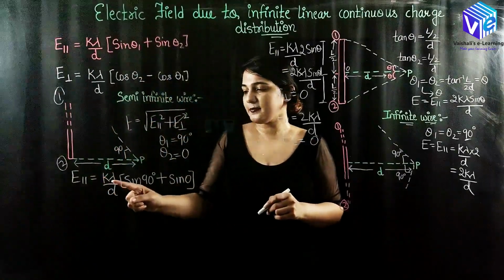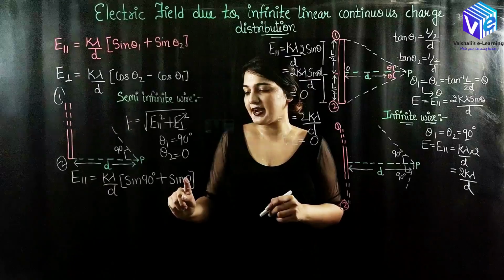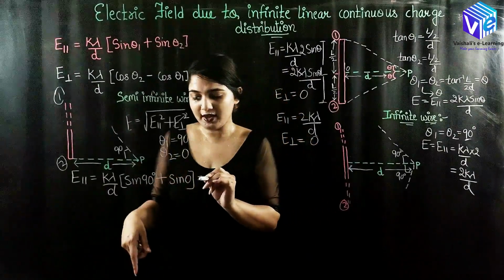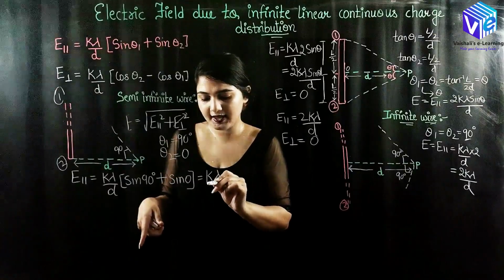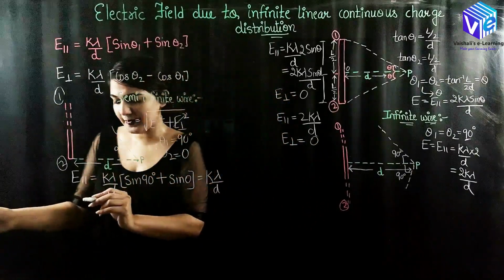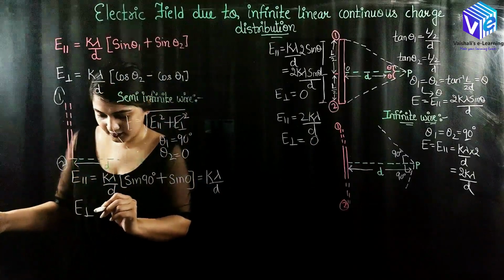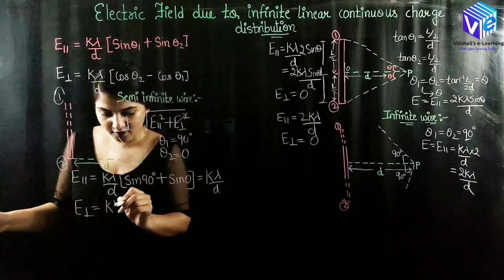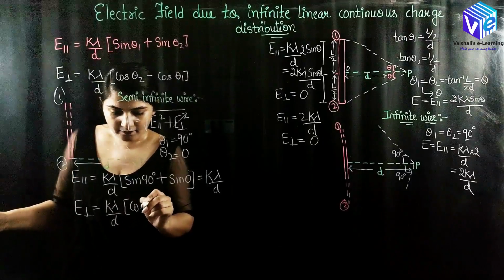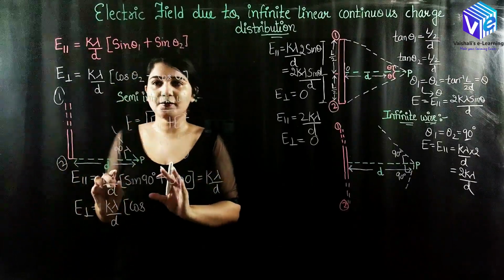So E parallel will be k lambda upon d sine of 90 plus sine of 0. Sine of 0 is 0, sine of 90 is 1. So I can say it is k lambda upon d. Similarly, I can find out E perpendicular. I am just putting the value of theta 1 and theta 2. Put it very carefully.